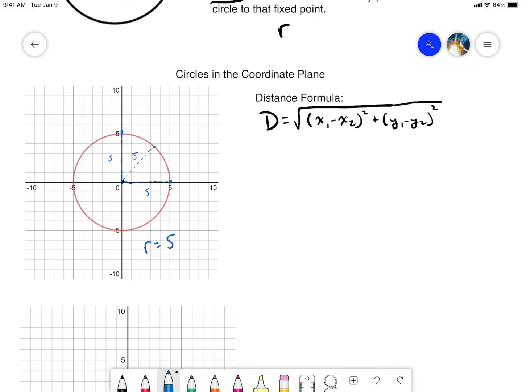Let's just say I wanted to find this point right here. x1 minus x2 would be this distance here, and y1 minus y2 would be this distance here. And so it would make a right triangle, and that's where it comes from.